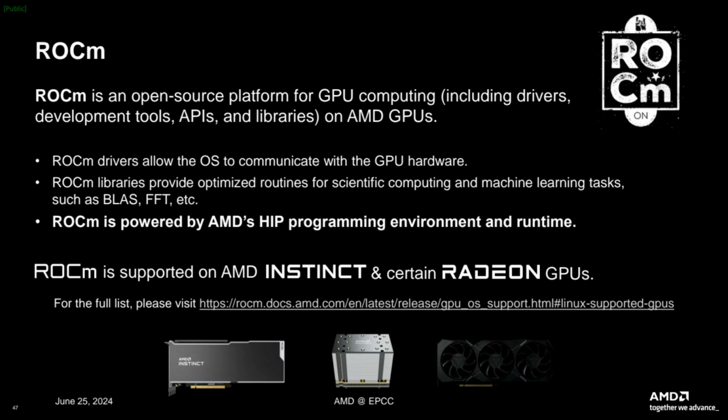And let me just say something brief about ROCm as well. So as we said, ROCm is the software platform that you would use on AMD GPUs to actually access the hardware. And ROCm has a lot of libraries that are optimized for scientific computing.